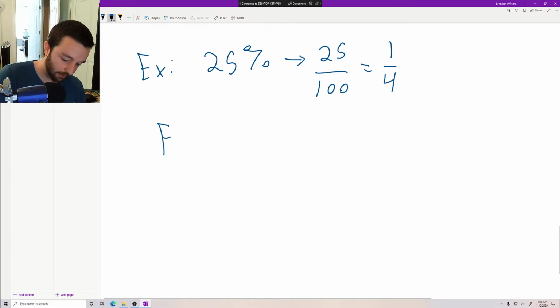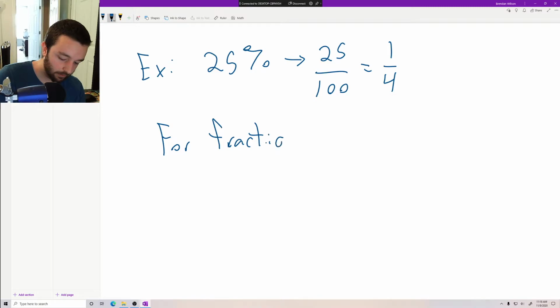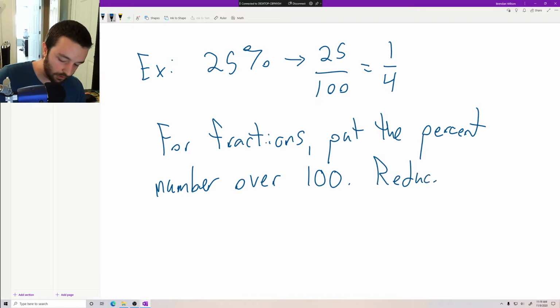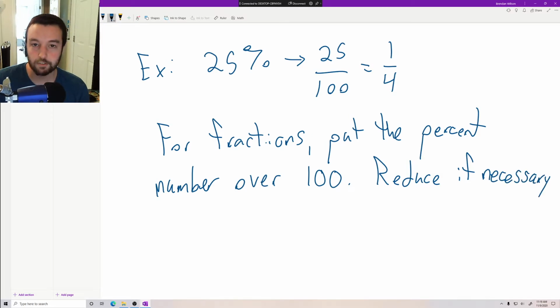Okay. So first, let's just note for fractions, put the percent number over 100. Okay. And then reduce if necessary, meaning if the problem says to do that, if you can do that, if you want to do that.